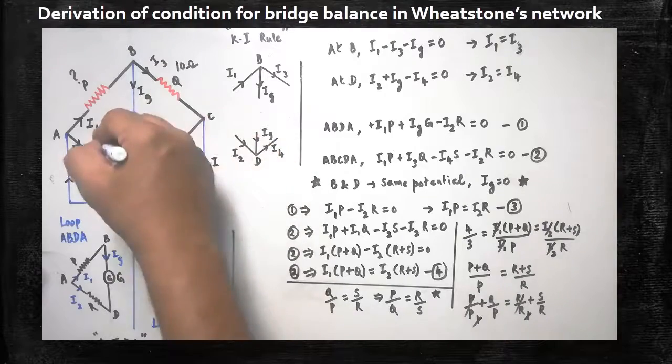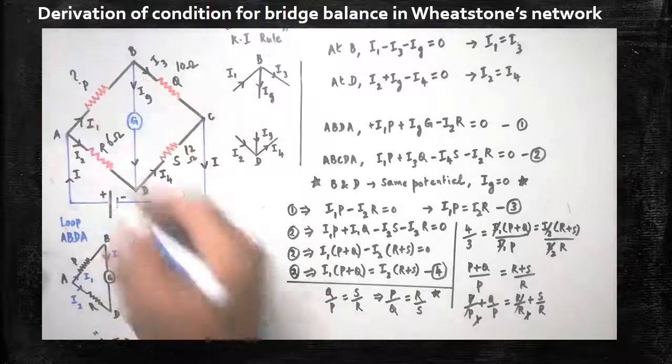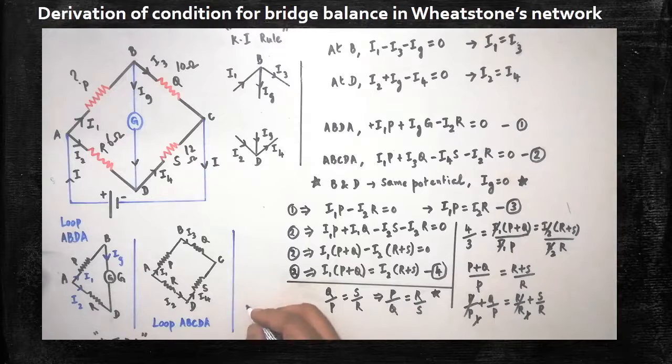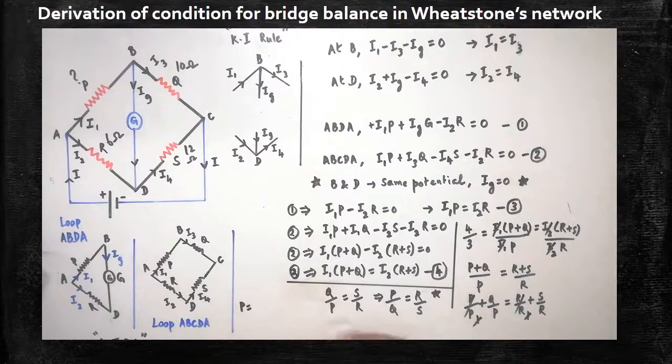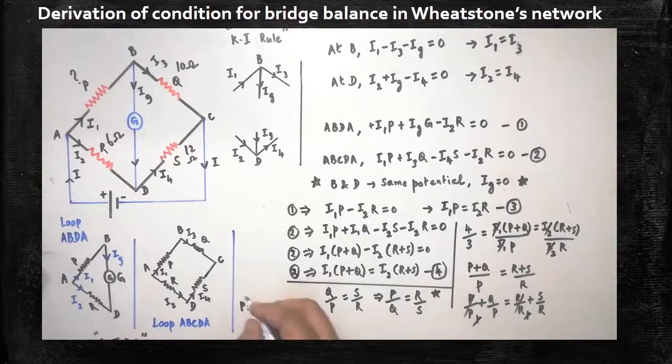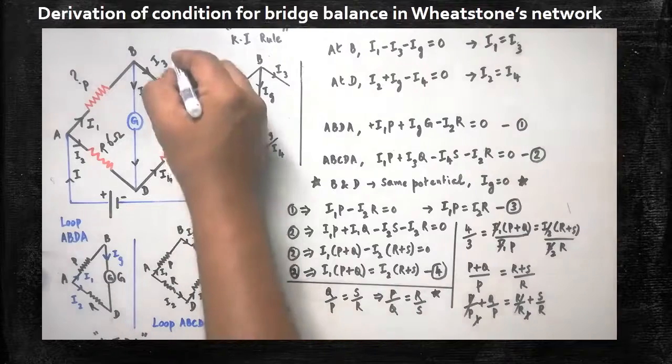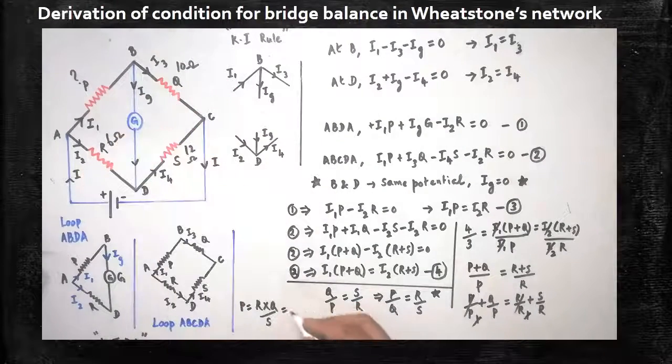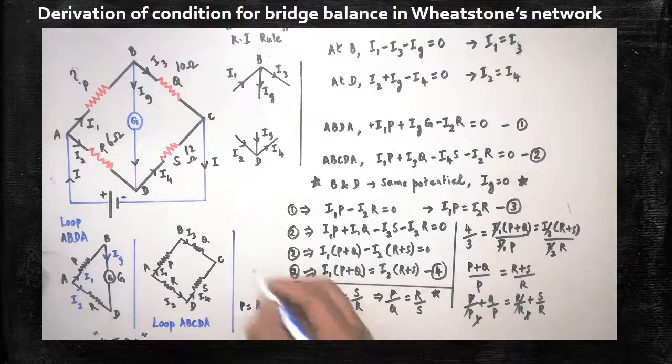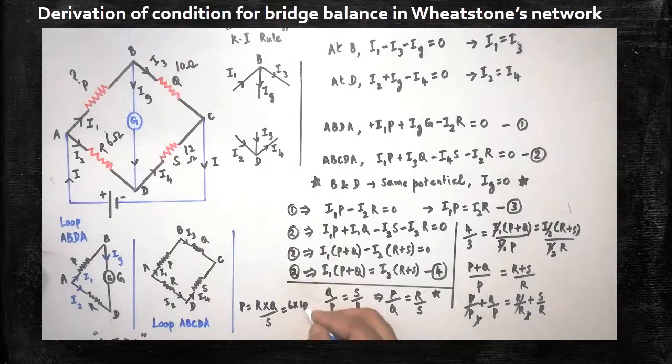Using these three known values, you have to find P. Interchanging the formula, P is equal to R times Q divided by S. Substitute: R is 6, Q is 10, divided by S, which is 12.